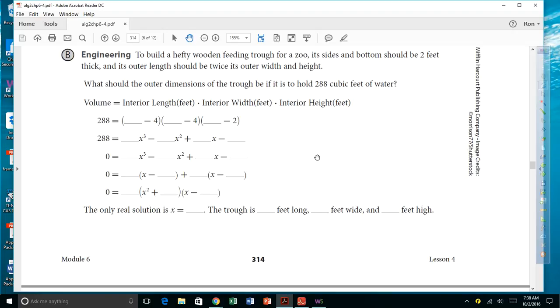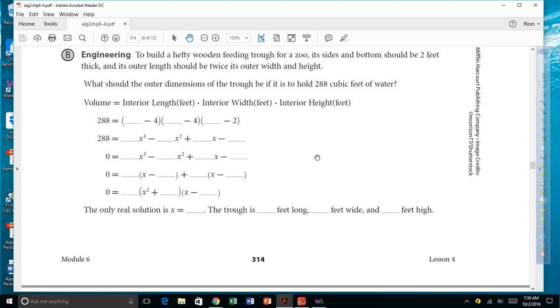Glad you're back. To build a hefty wooden feeding trough for a zoo, its sides and bottom should be 2 feet thick, and its outer length should be twice its outer width and height.